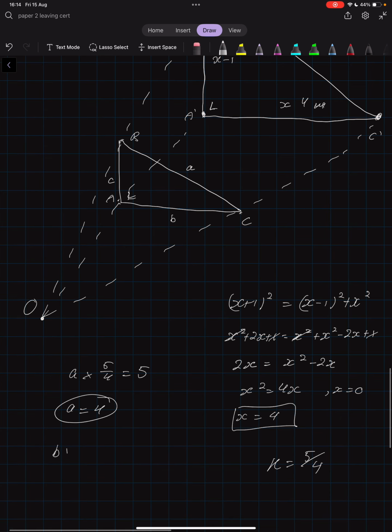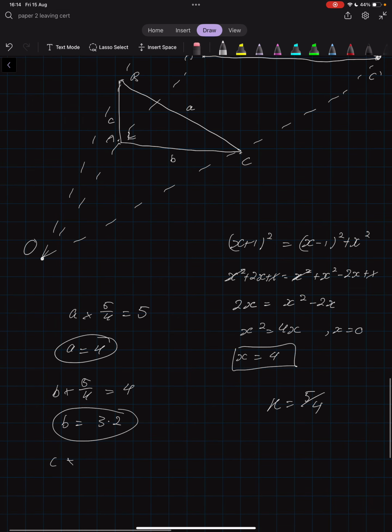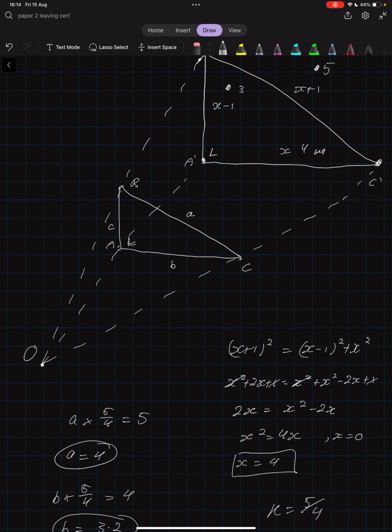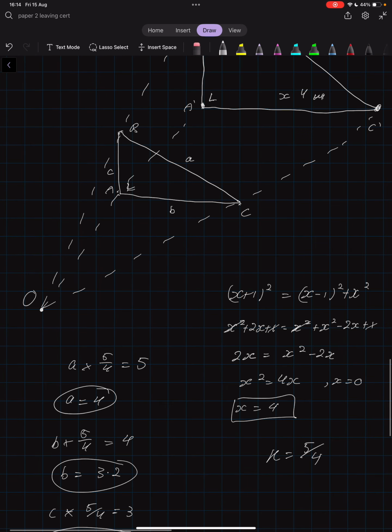B times 5/4 gives me 4, so B is going to be 16/5, that's 3.2. C multiplied by 5/4 is going to be 3, so C is going to be 2.4. Okay? So that's then the lengths of the smaller triangle.